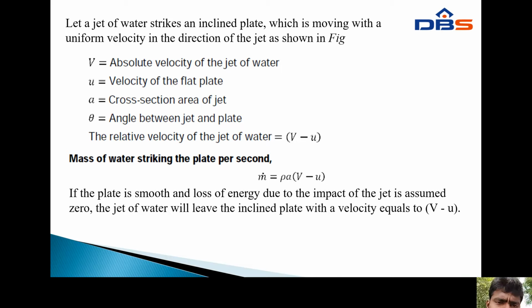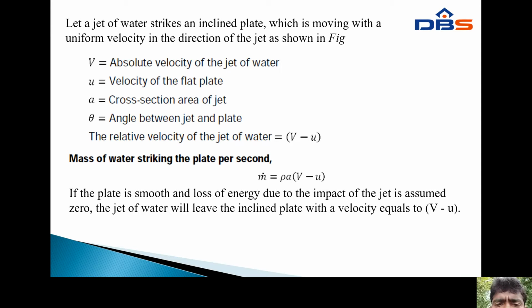Therefore, v equals the absolute velocity of the jet of water, u equals the velocity of the flat plate, a equals the cross-sectional area of the jet, theta equals the angle between the jet and plate.